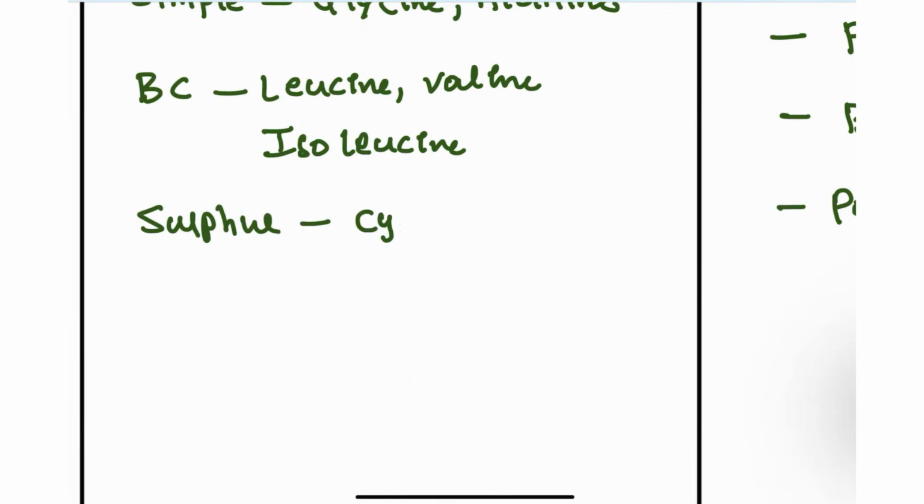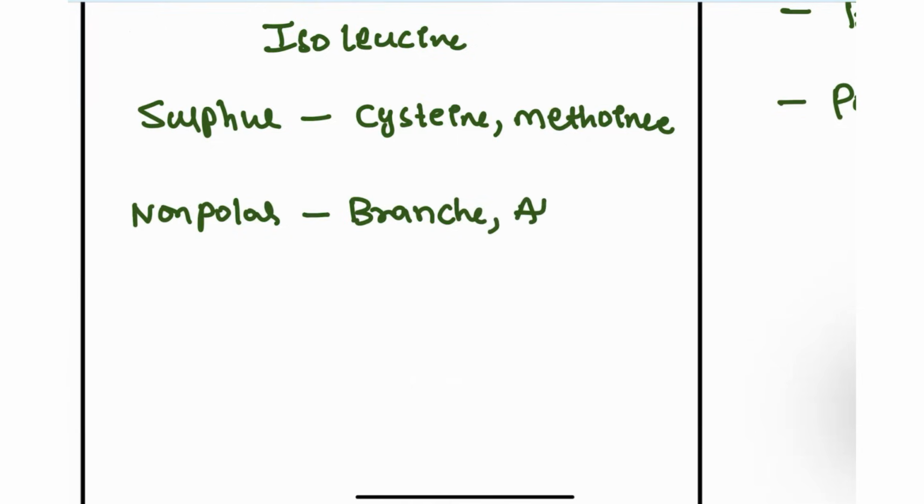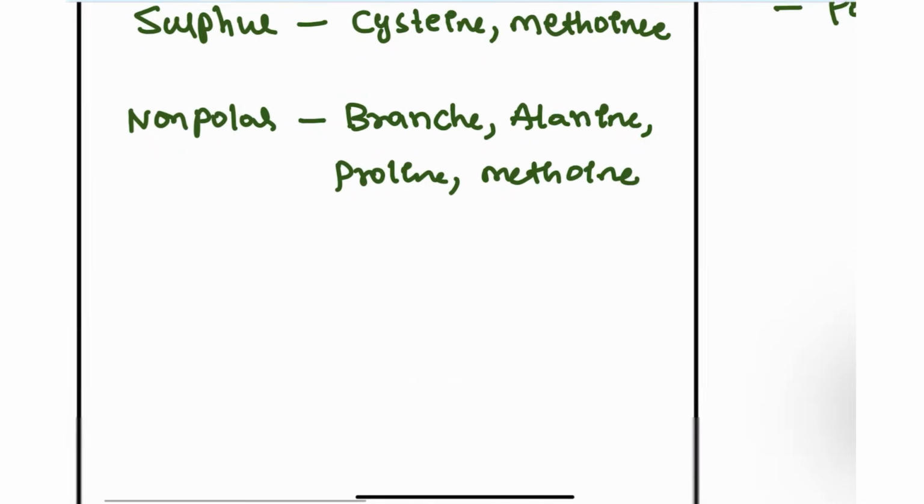The most common are cysteine and methionine. Next, non-polar. The non-polar ones are your branched chain, alanine, proline, and also methionine. These are the non-polar, and the remaining are all polar.